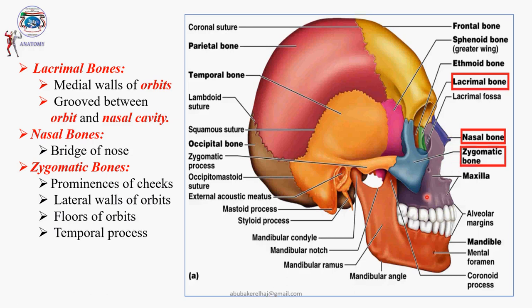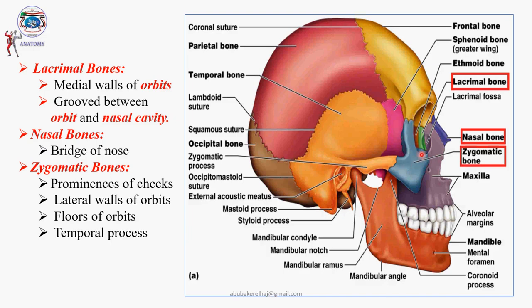And then we have the zygomatic bones. The zygomatic bones form the prominences of the cheek and share in the formation of the lateral wall of the orbit, and also have a thickening along the lateral border or lateral margin of the orbit.